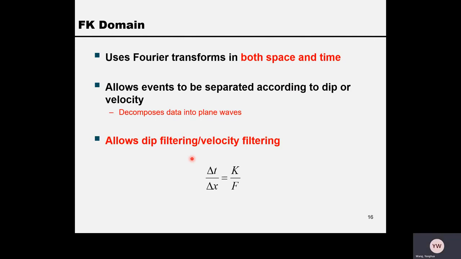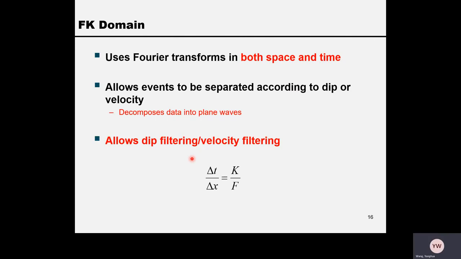So in the FK domain, you use the ratio of K over F. To memorize this formula, you simply use a trick to check the physical unit. On the left-hand side, the unit is second per meter.